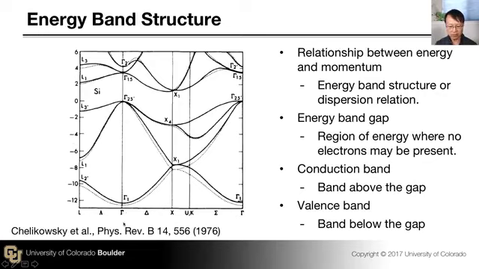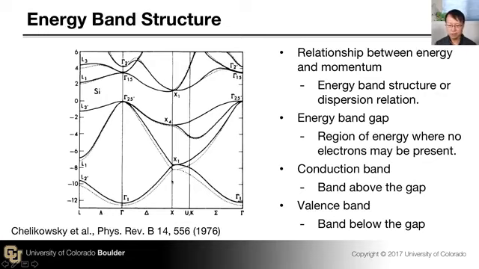And you can see there's a gamma point here. That's k equals 0. And you can see the L point here, which is the Brillouin zone boundary along the 1, 1, 1 direction. The X point here is the Brillouin zone boundary along the 1, 0, 0 direction. So these various lines represent the energy corresponding to those particular k vectors.